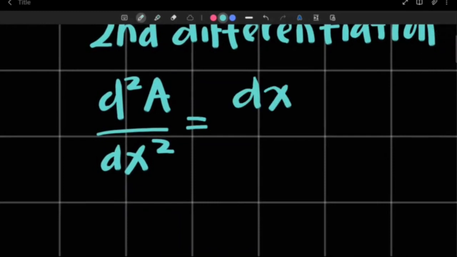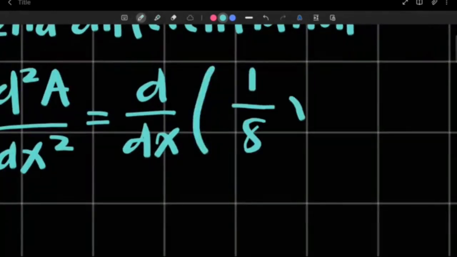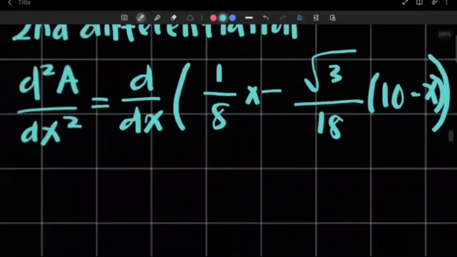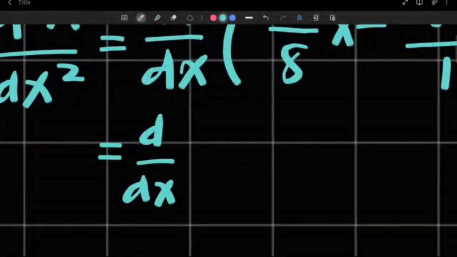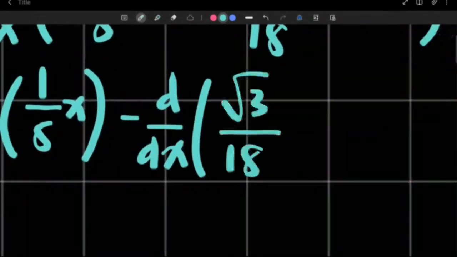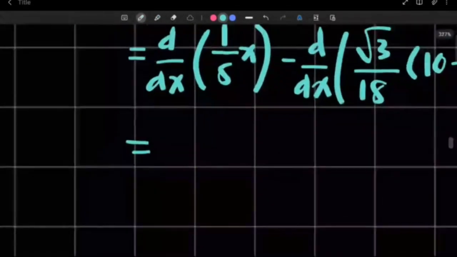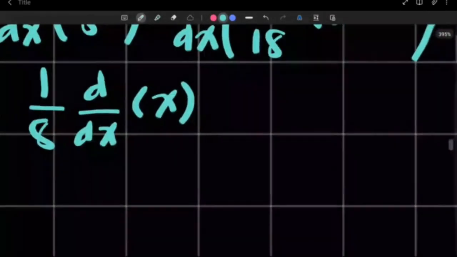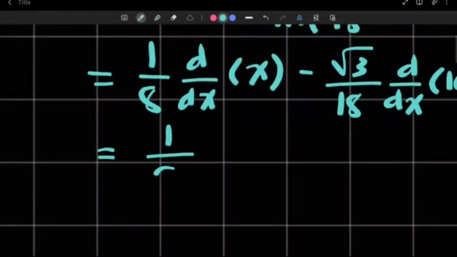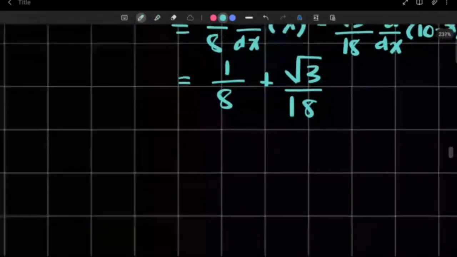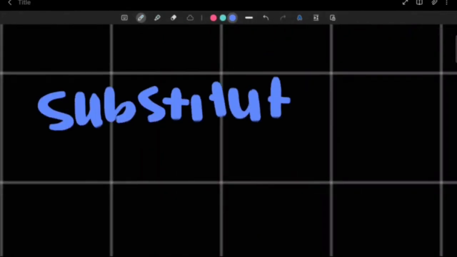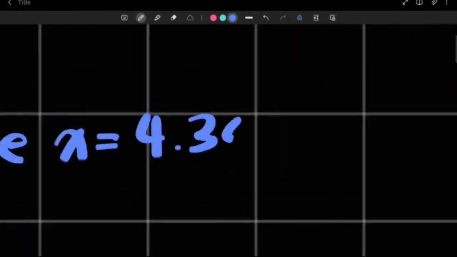Next step, we are going to do the second differentiation. And we are going to obtain the answer, which is 1 over 8 plus 3 over 18. It shows us a positive sign. That means it is a minimum value. But if the answer is negative, it means the area is a maximum value.